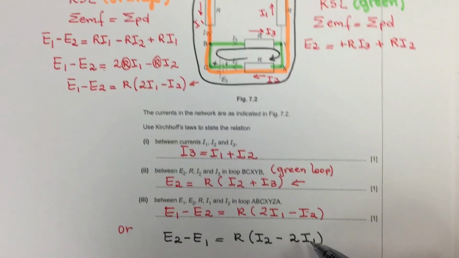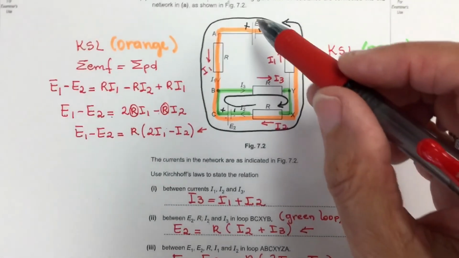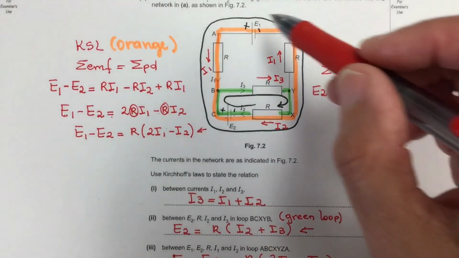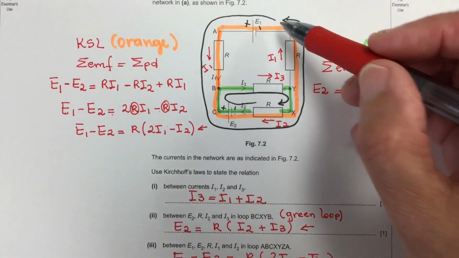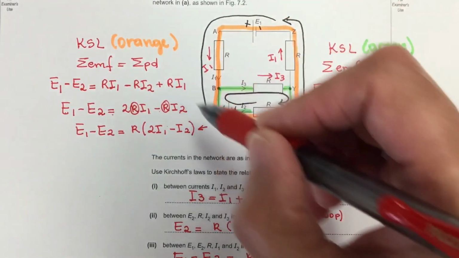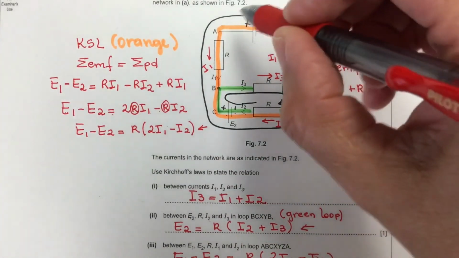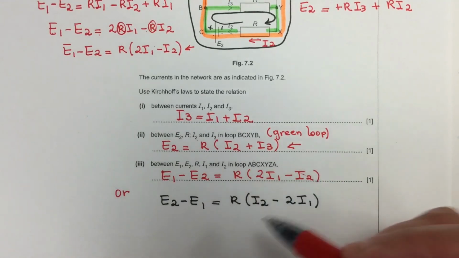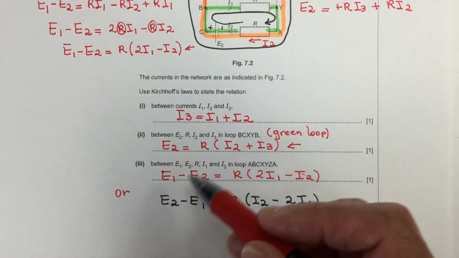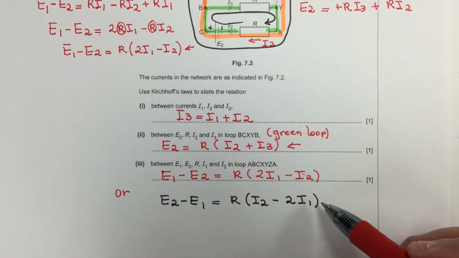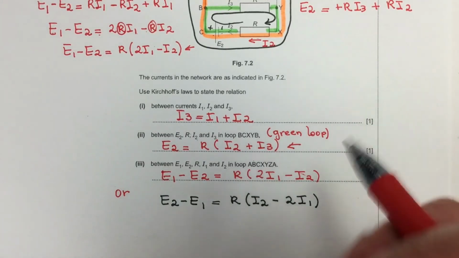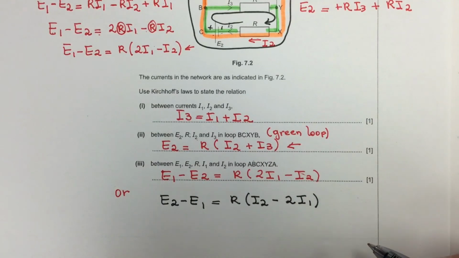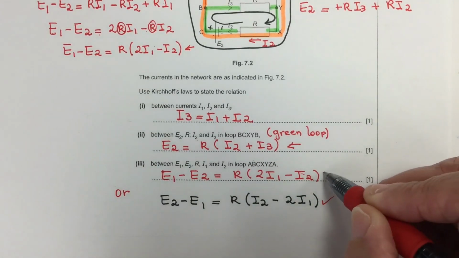If you have decided to go in the opposite direction around this loop, like going clockwise instead of anti-clockwise, all that is going to happen is the order is going to change, but the value of the result, in terms of magnitude, will be exactly the same.